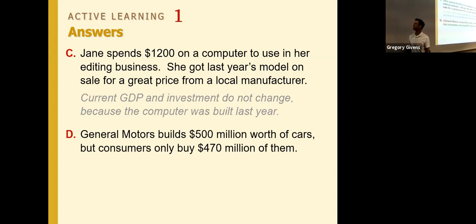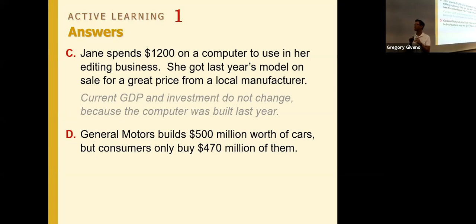How about GM builds $500 million worth of cars, but consumers only buy $470 million worth of them. What is the impact on GDP? Matt? So do the accounting for me.